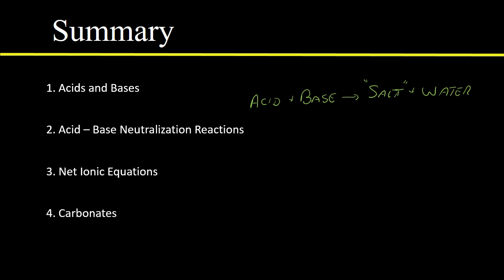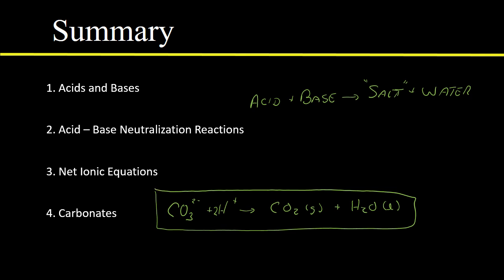And then finally, we looked at carbonates, and we said that anytime you have a reaction with a carbonate reacting with an acid, you're always going to get CO2 and water. Okay? And the rest of the balancing for that, we follow the same rules that we've always followed before.